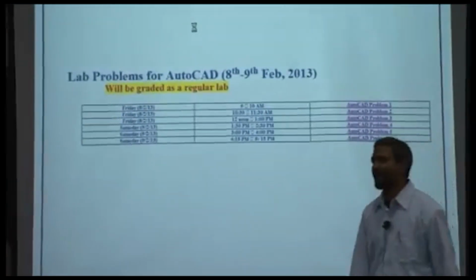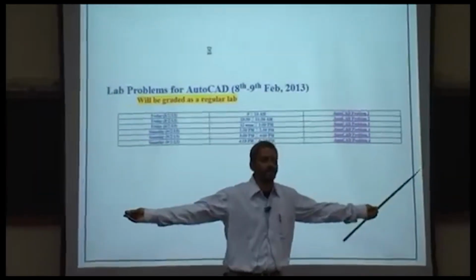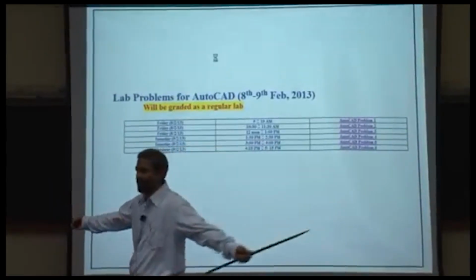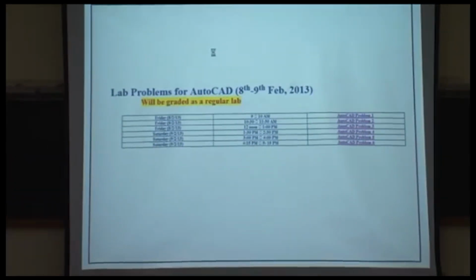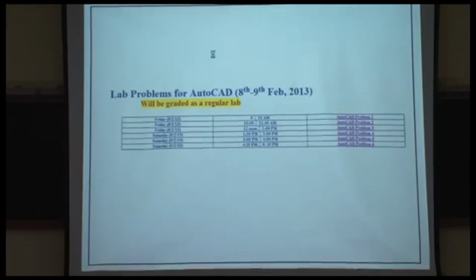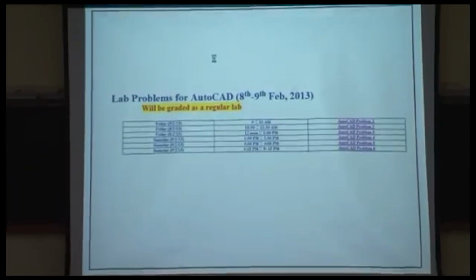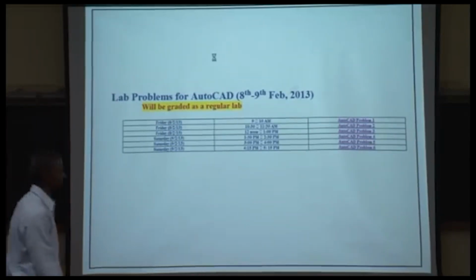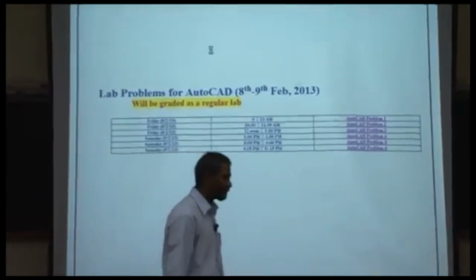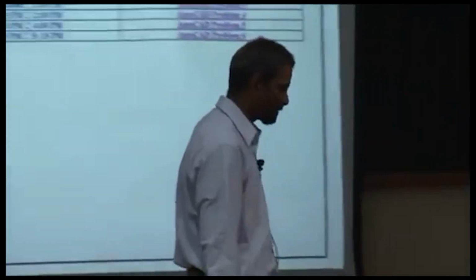So this Friday and Saturday, you're going to be having your AutoCAD labs. Okay. So the plan is the same as last week. So 2 batches per session, both on Friday and Saturday, forenoon sessions on Friday, afternoon sessions on Saturday.